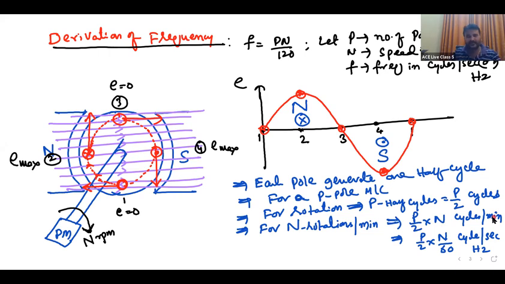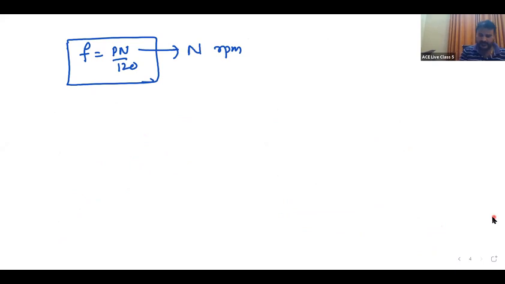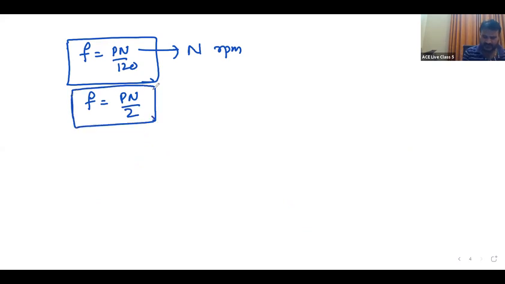If N is given in RPS, then simply F is equal to Pn by 2.